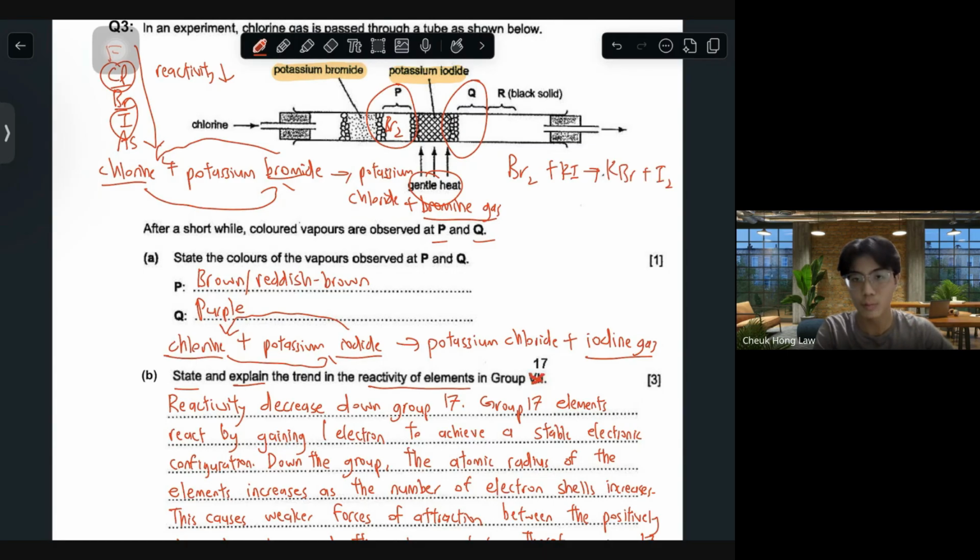So there will be no more bromine gas at the end of this reaction. That's why at Q only the iodine gas forms. That's why there's no brown gas. It is just purple, because all the bromine is used up to react with potassium iodide.